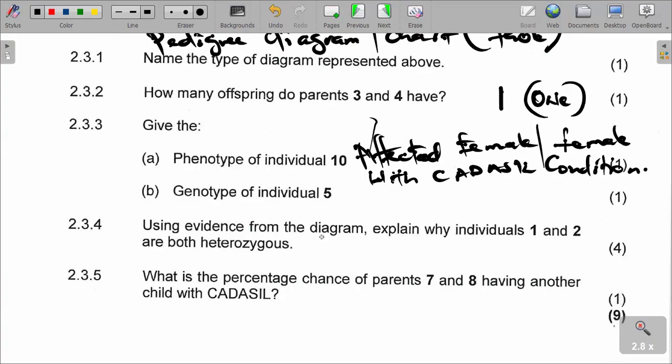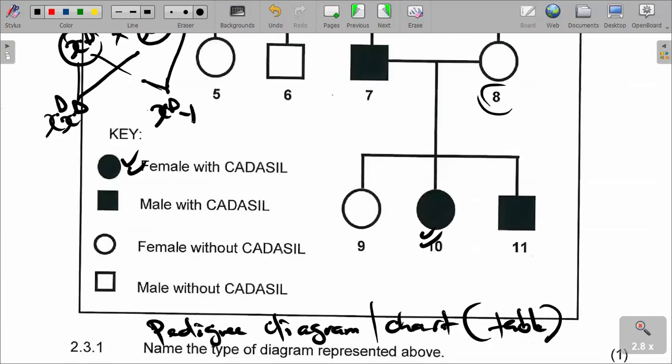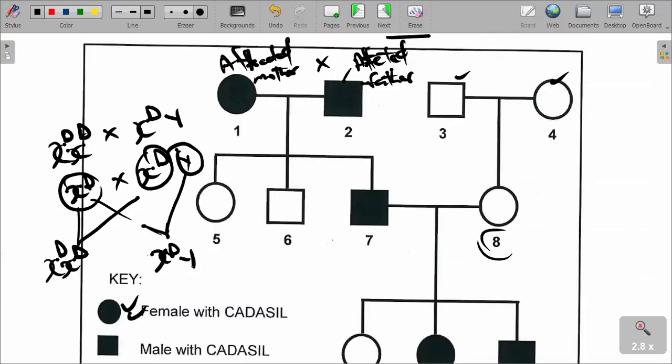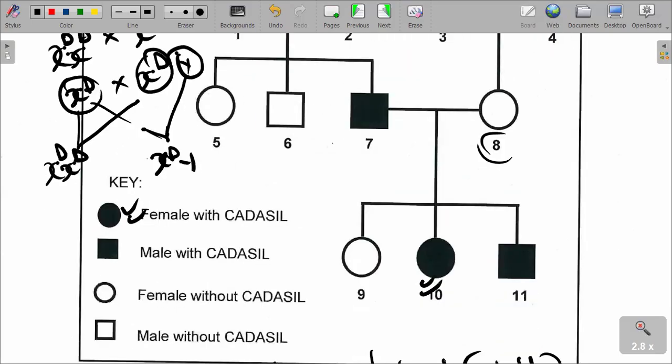Let me calculate it again. The mother is affected and the father is affected. Both are affected. Therefore, for a mother to be affected, it means the condition is homozygous D. So this can be an affected child here.